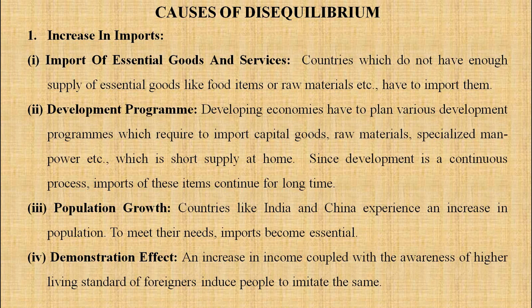Second, development programs. Developing economies have to plan various development programs which require to import capital goods, raw materials, specialized manpower, etc., which is in short supply at home. Since development is a continuous process, import of these items continue for a long time.